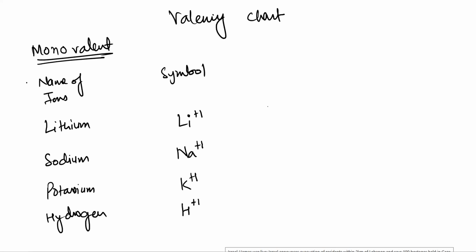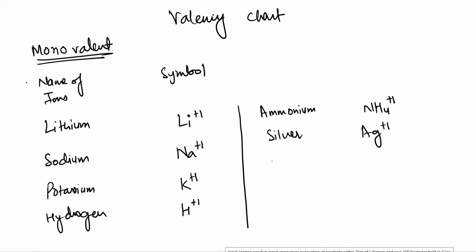After this, I'm going to make a second table. Lithium, sodium, potassium, hydrogen. Then the next one is ammonium, that is NH4 1 positive. This is a polyatomic ion. Then silver is Ag1 positive.